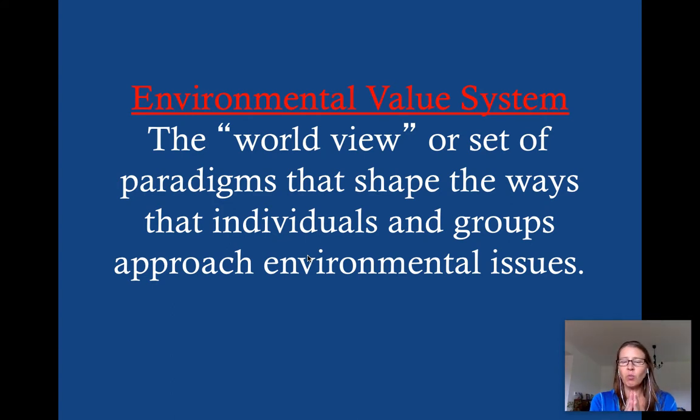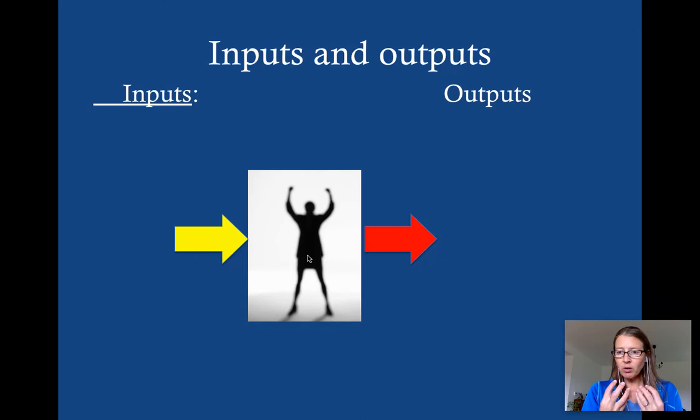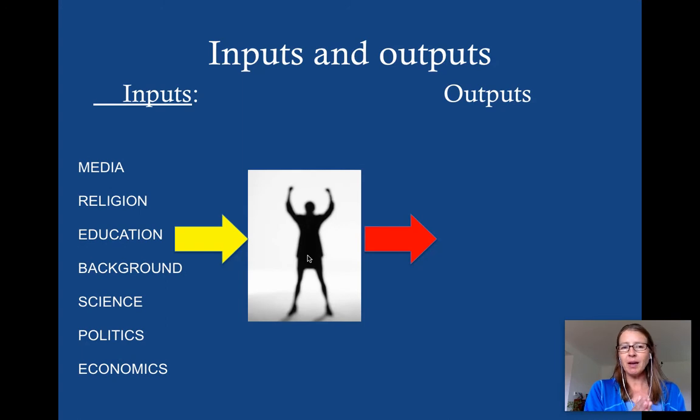So what are some central tenets that someone believes about the environment and the world? And then how can they use those to implement solutions? Okay. So your environmental worldview is going to be shaped by a series of inputs and outputs, right? So we've got media, religion, education, background, science, politics, economics.